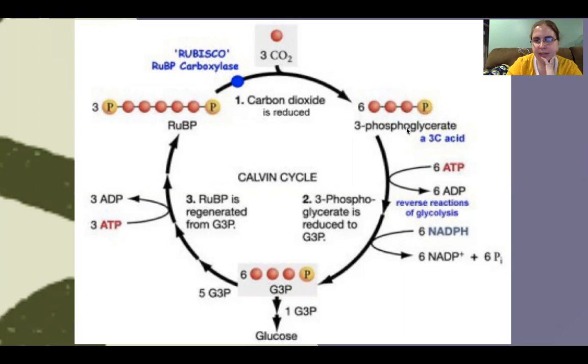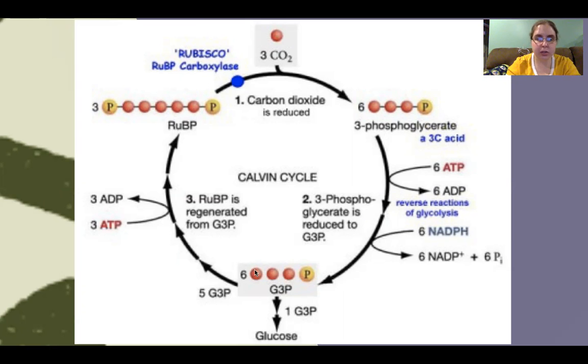The 6 carbon molecule is going to use energy from the ATP as well as the electrons from NADPH in order to break the bonds and rearrange them to form 2 three carbon molecules. One of those 3 carbon molecules is going to stop and leave the reaction. We're going to just hold on to it right here for a little bit.